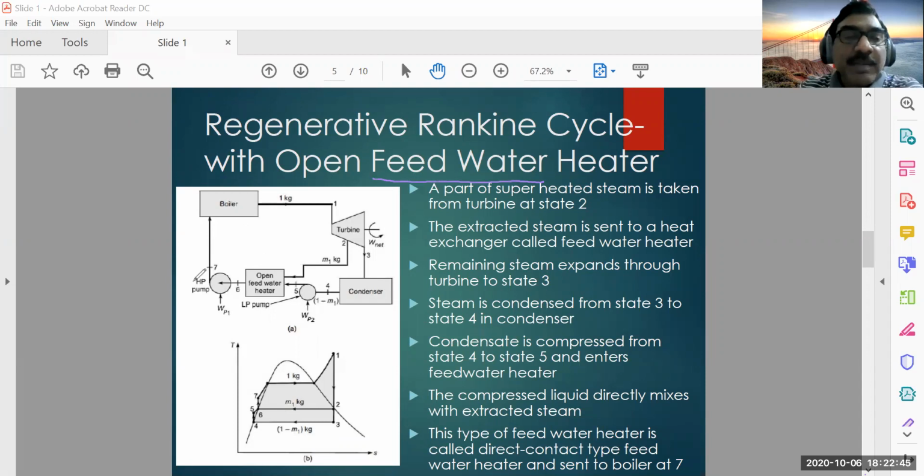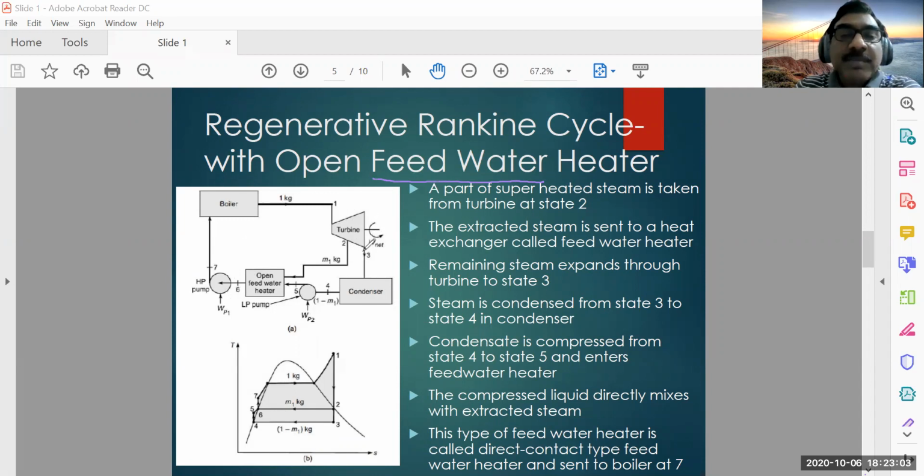Typically in a Rankine cycle based power plant, the boiler supplies the steam and the steam is sent to the turbine, which generates work by the expansion of the steam.